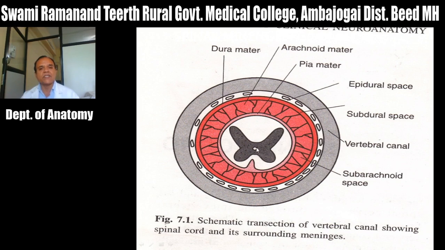Grey matter is present in the center of the spinal cord, and the cavity in the spinal cord is called the central canal. So again, in a little more detail, when you see the cut section, what are the various parts of the grey matter, internal features, and what are the external features.